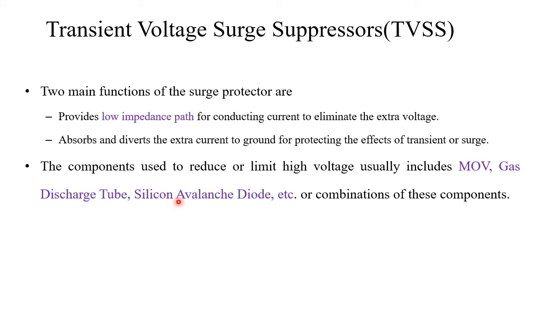The components used to limit high voltage are MOV, meaning metal oxide varistor, then gas discharge tube, and also silicon avalanche diode, and there are many other materials. We will see them one by one.